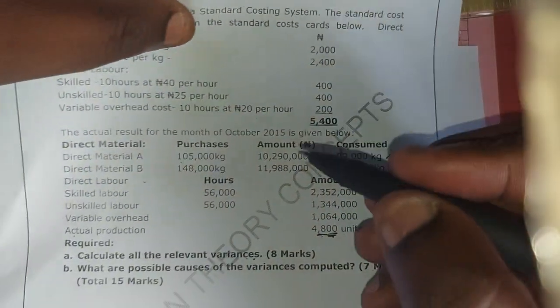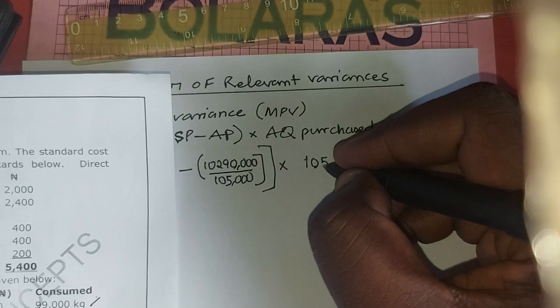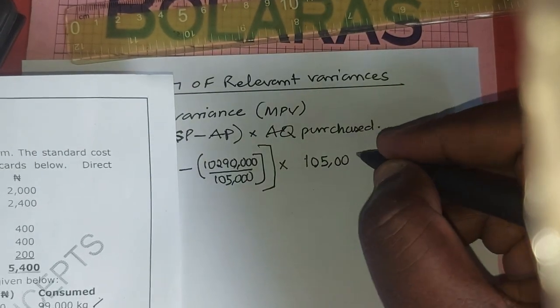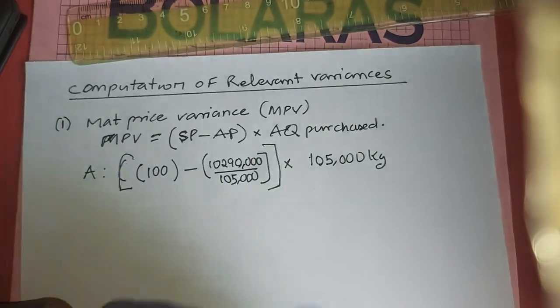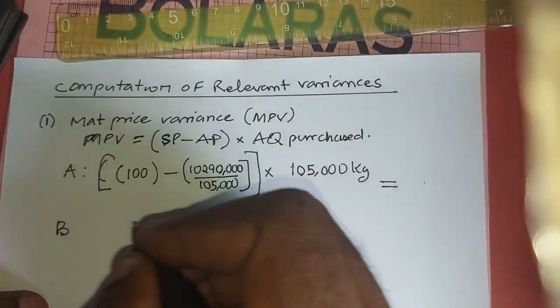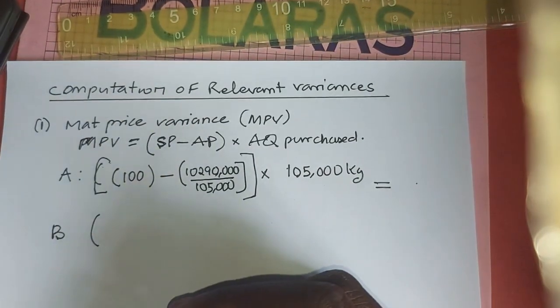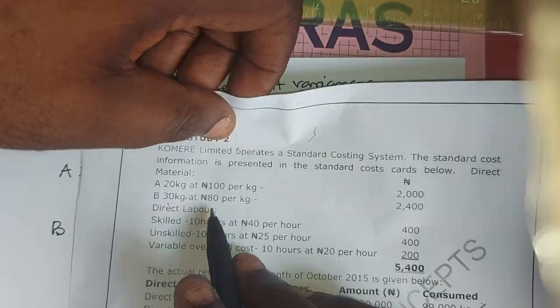So what's the actual quantity purchased? It is 105 kilograms. Okay, then for B, the same thing is applicable. The standard price is 80.